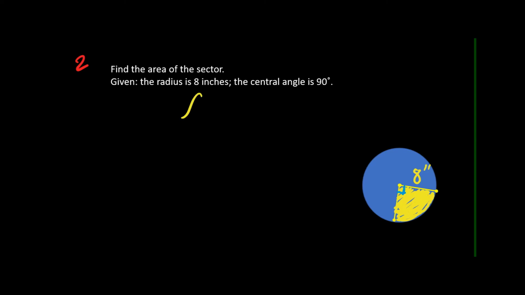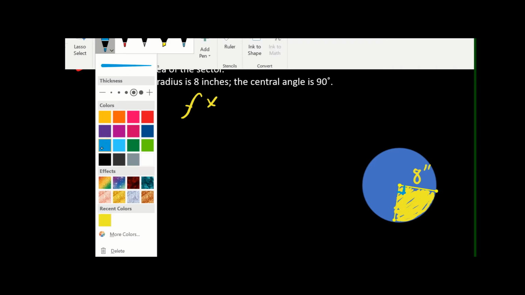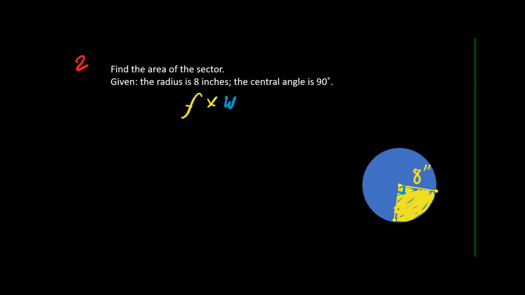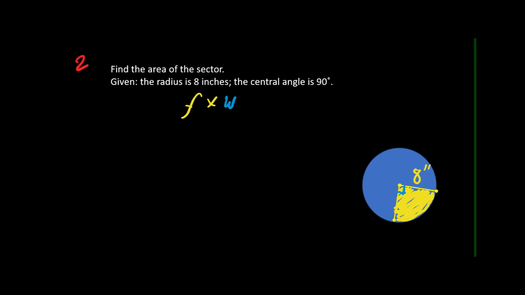So we're still talking about fraction times a whole. However, that fraction is going to be no problem for us. 90 degrees divided by 360 is 1/4. So there's our fraction.